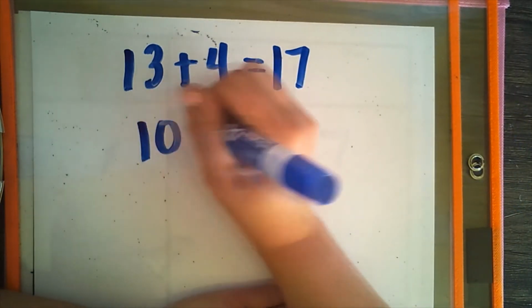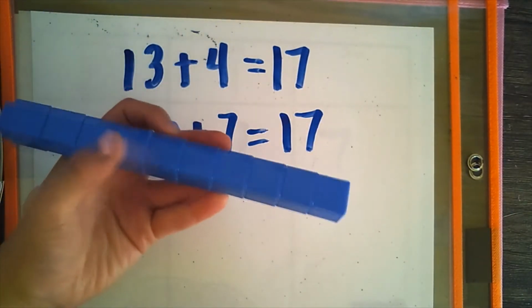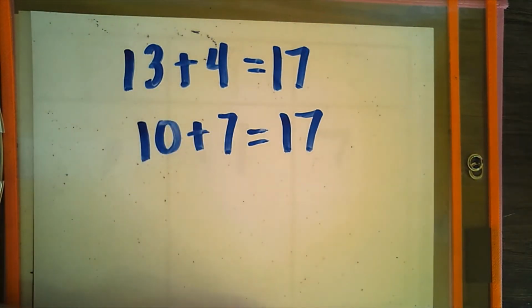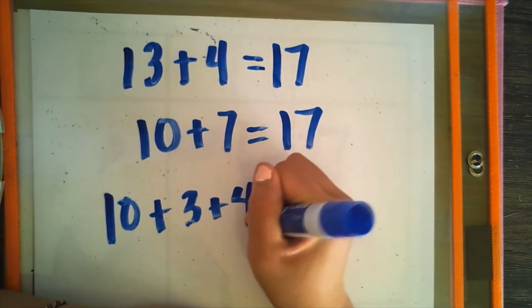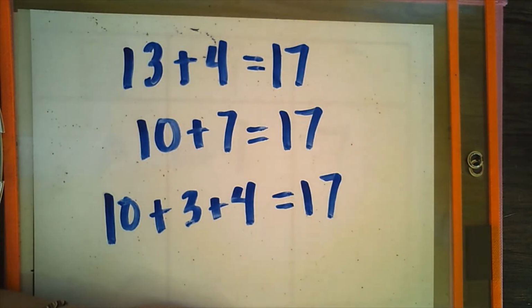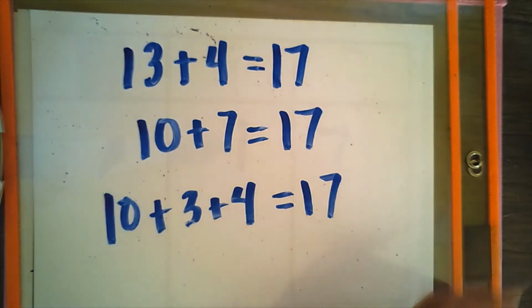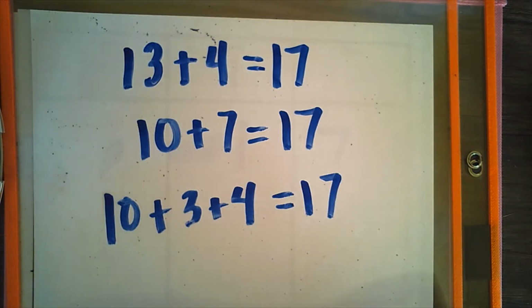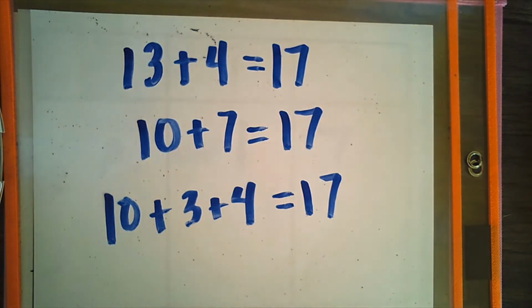We can use 10 plus 7 equals 17 because we had 1 ten and 7 ones. Or we can do 10 plus 3 plus 4 equals 17. They all have the same solution. So we have 1 ten and 3 and 4, and that's where we got 10 plus 3 plus 4 equals 17. These are some different addition sentences we can use to put together our original number sentence of 13 plus 4.